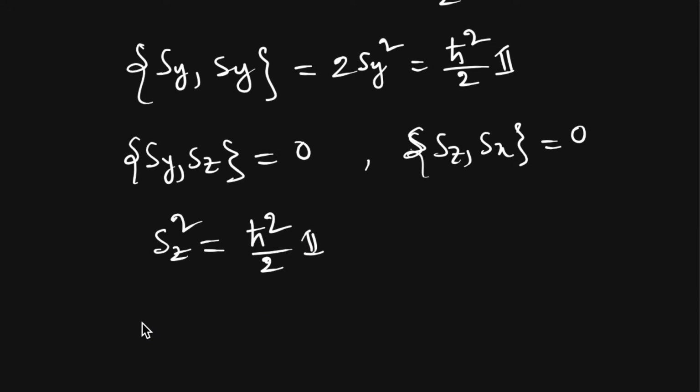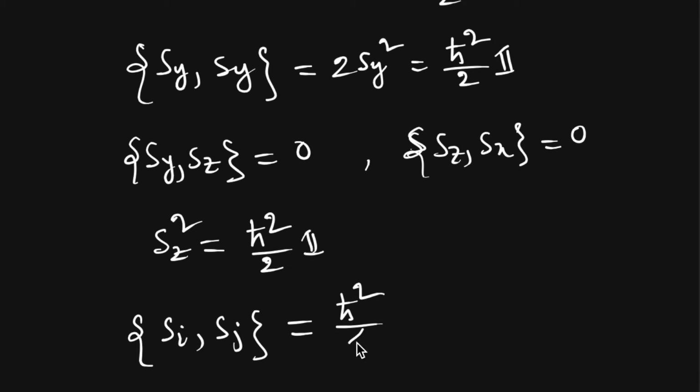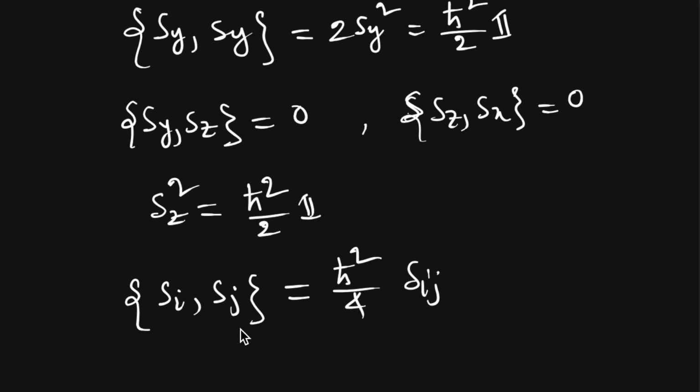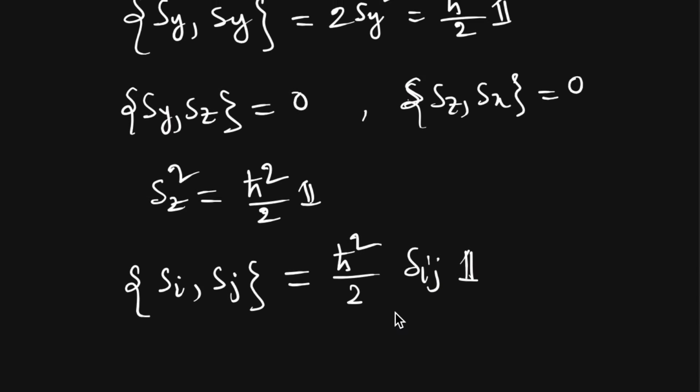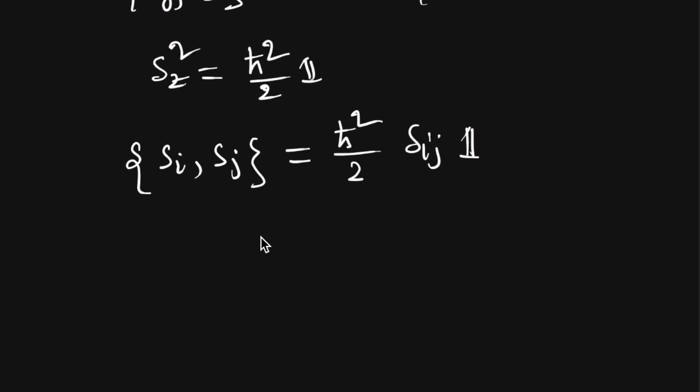That means the anti-commutation between Si comma Sj is nothing but ħ² by 2 delta ij. If i equal to j, then delta ij is 1. That means if i equal to j equal to x, Sx², then it will be ħ² by 2 into identity operator, right? So we have proved question 8.